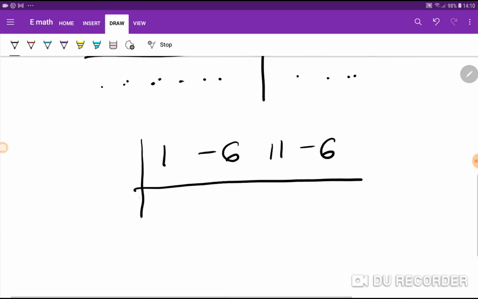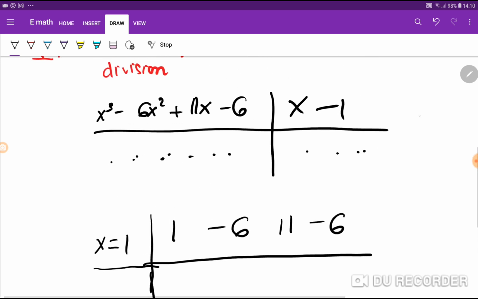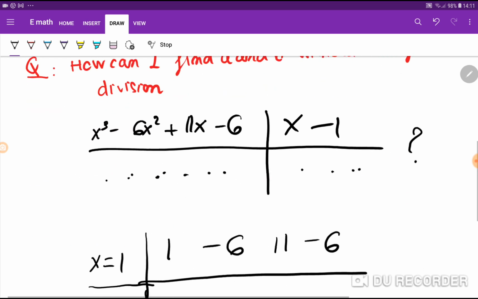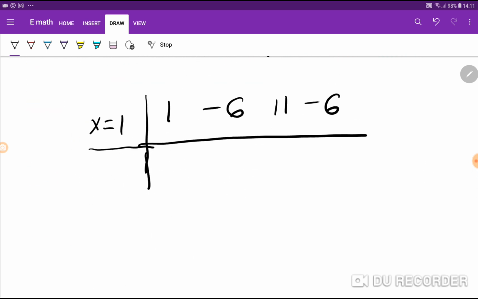And you know that x equals 1 is one of the solutions of the equation. So how are you going to find the rest? This is how you do synthetic division, or Horner's method. I encourage you to look it up more, because I think Horner's method has a lot of applications in computer science and a lot of things. So it's kind of interesting.